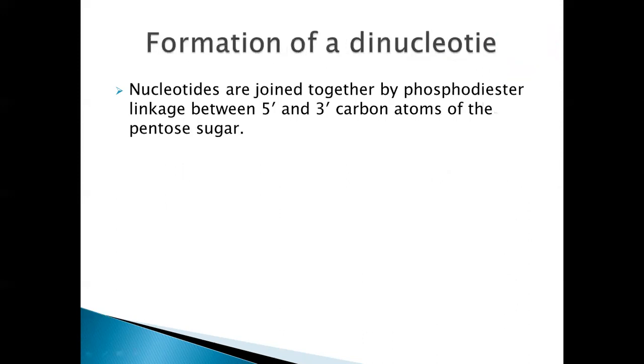So these nucleotides are attached or joined by means of what? Phosphodiester linkages. So here I'll show you how these two nucleotides are joined together. So first, this is the first nucleotide.